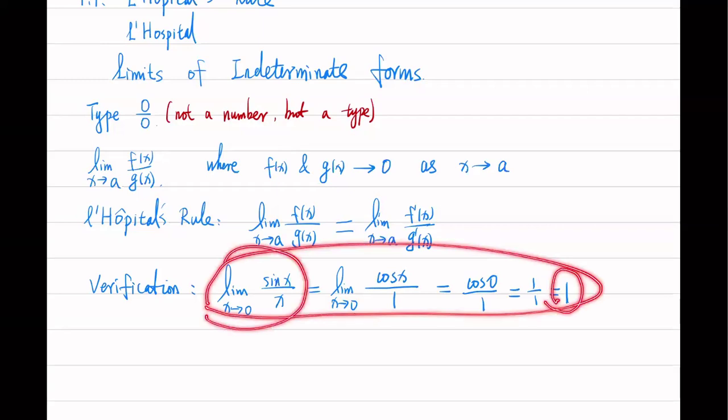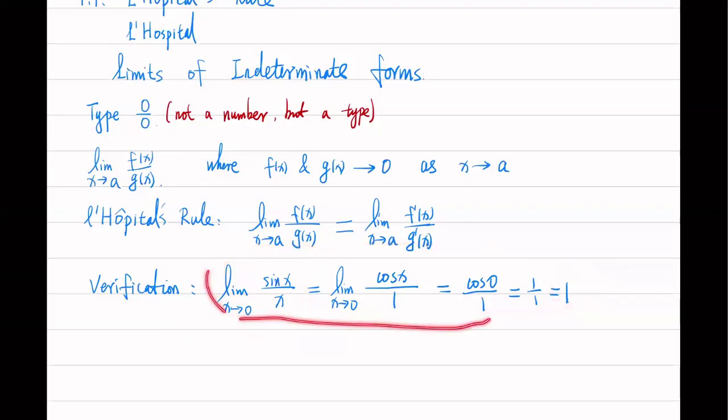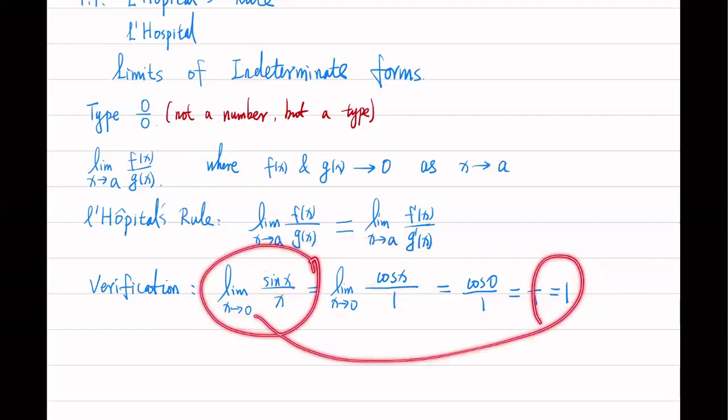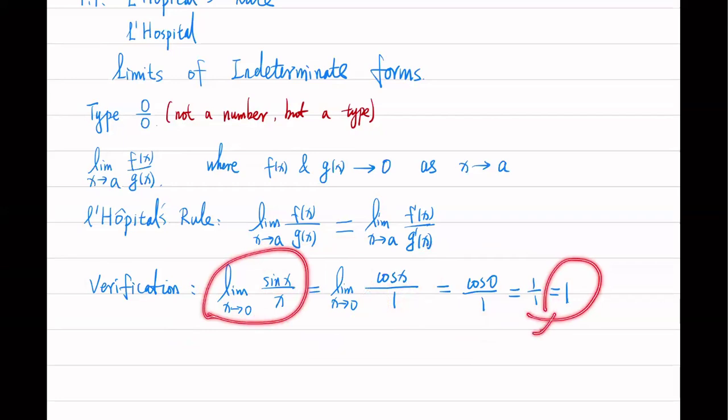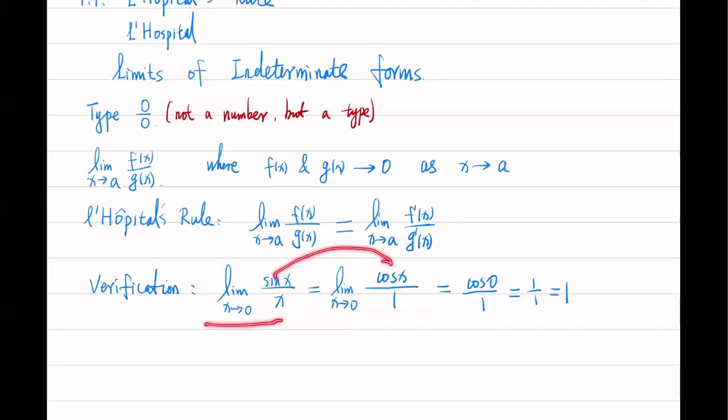We found this limit using the geometric argument, because this process involves the derivative of sine x, and we already used this limit to find the derivative. So this is just a verification or justification. You cannot use this as the primary rule to find the limit.